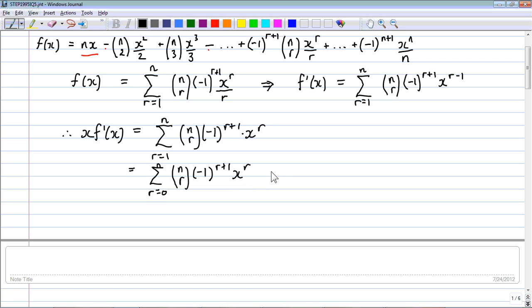But now I'll have to subtract something. What do I have to subtract? I have to subtract the term that I get here when r is 0. When r is 0, then I get n choose 0, which is 1, times (-1) to the 0 plus 1, which is minus 1, times x to the 0, which is 1. So it's minus 1, isn't it? I think that's right.